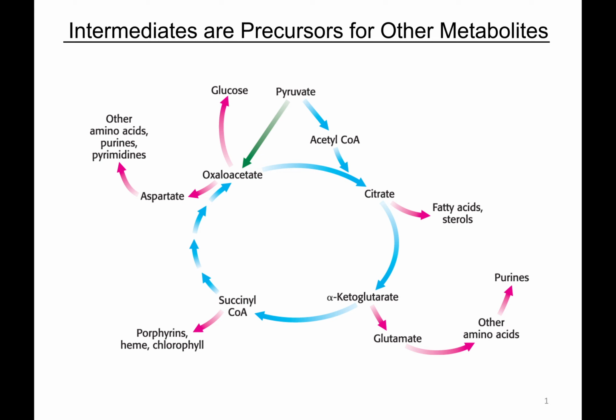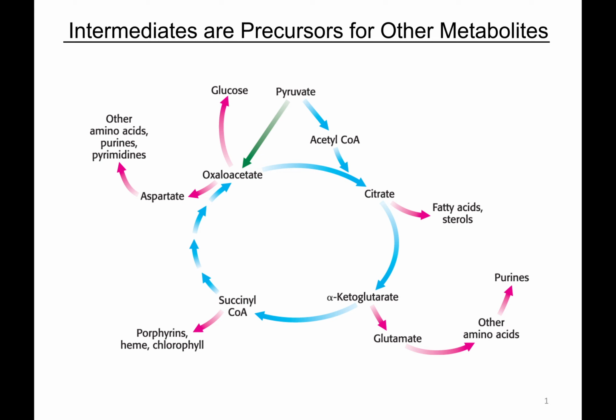Oxaloacetate is converted to aspartate, which is how we make aspartic acid, the precursor for lots of other amino acids and nucleotides. Same thing goes for alpha-ketoglutarate. It's the precursor for glutamate, which is then used to build other amino acids and purines. Citrate becomes fatty acids and sterols. Succinyl-CoA becomes porphyrins and other molecules.